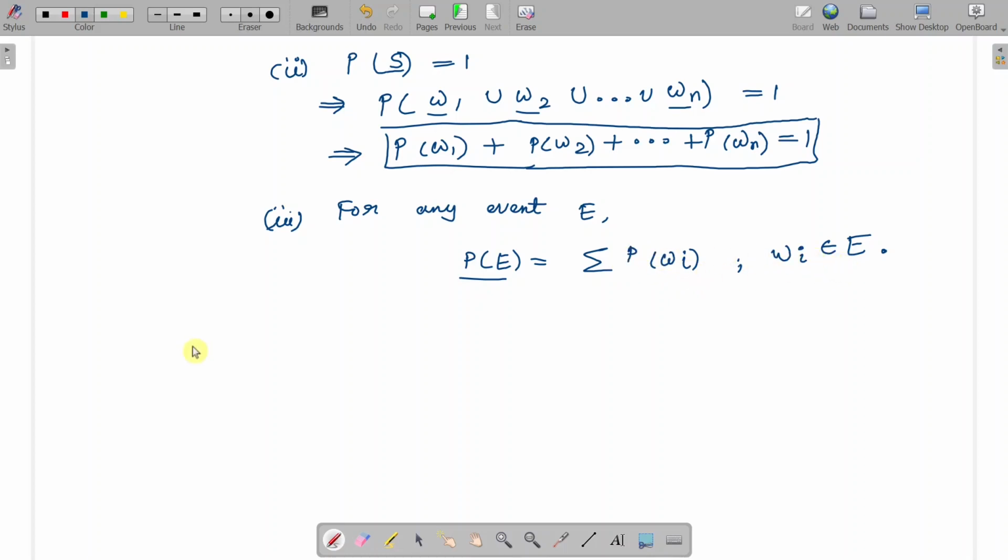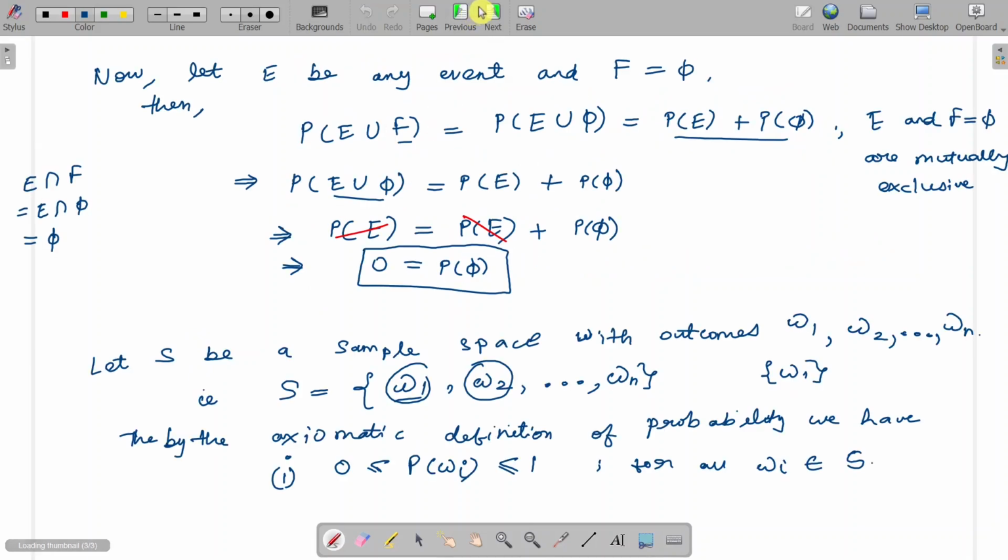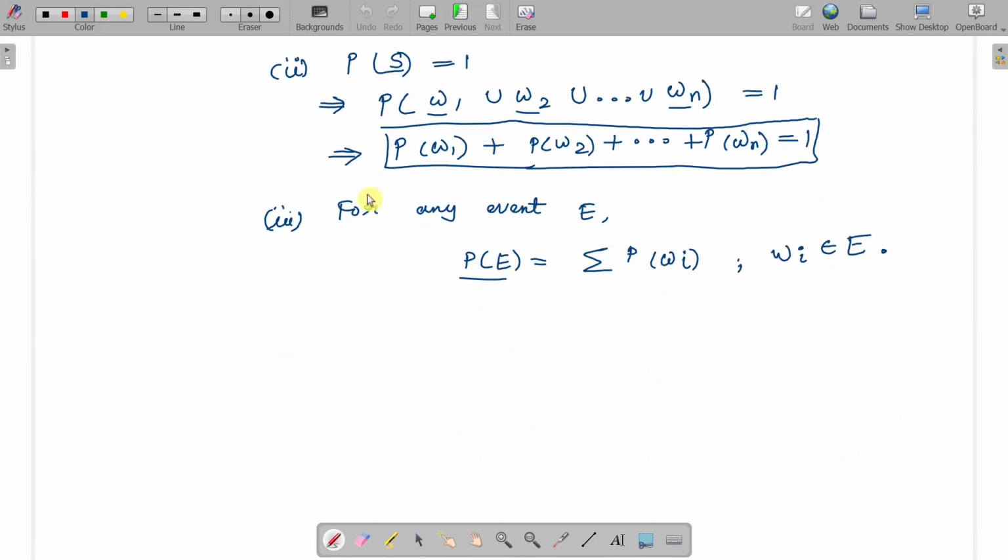So this is the third statement. These were the conditions that we derived from the axiomatic definition of probability.